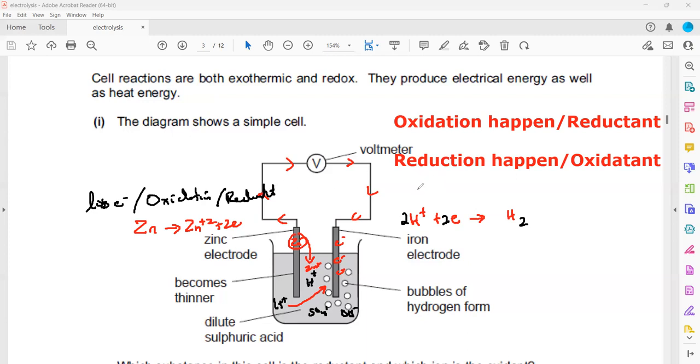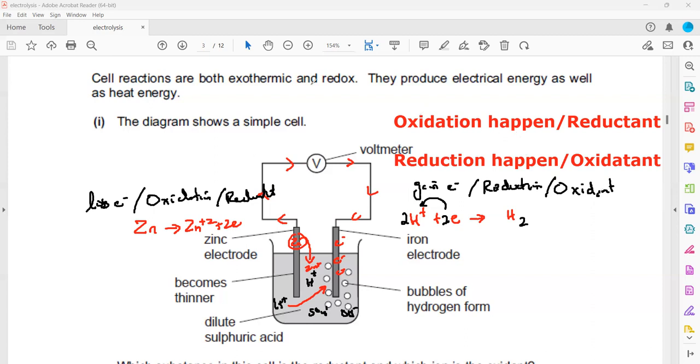And the same thing for hydrogen ions: they take electrons and turn into hydrogen gas, which means they gain electrons. When a substance gains electrons, we call this change reduction. And the substance in which reduction happens is known as oxidant. So that is the first part of the question.